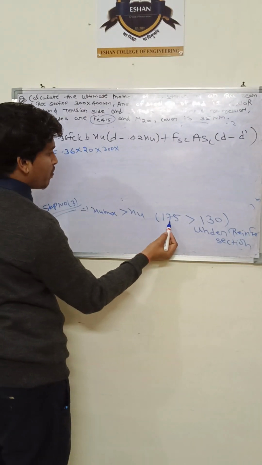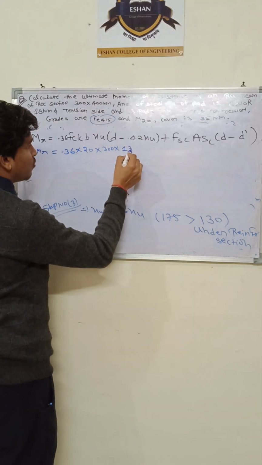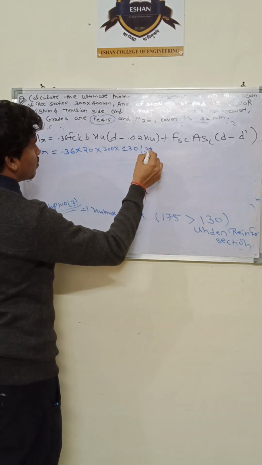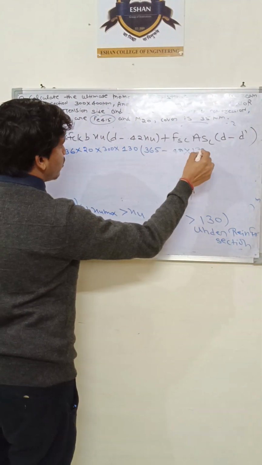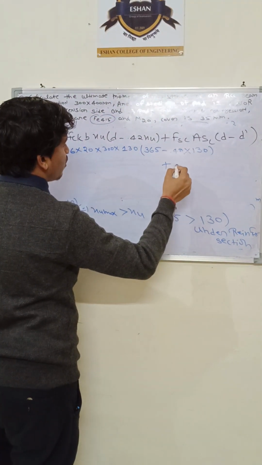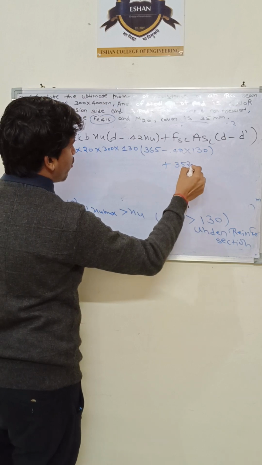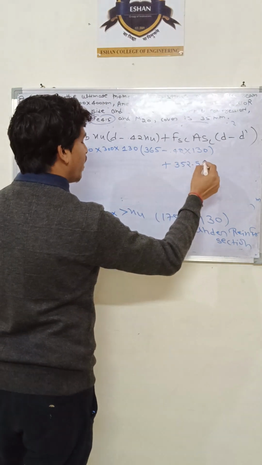This is Xu max and this is Xu. Depth of the beam is 365, minus 0.42 into 130, plus fsc value 352.5.